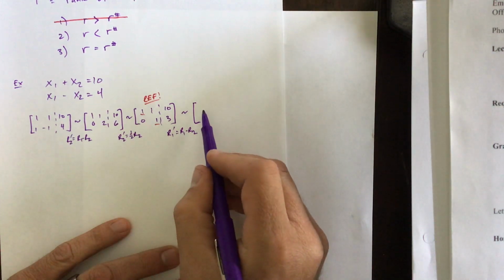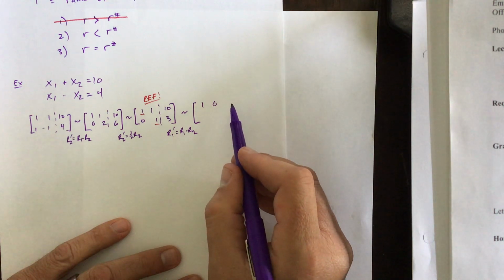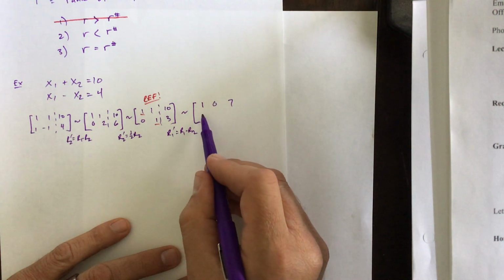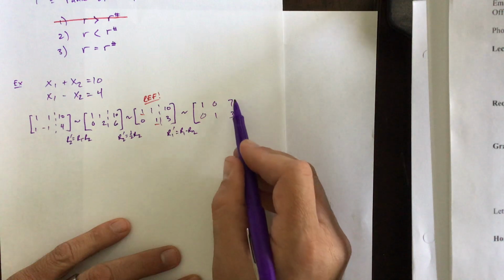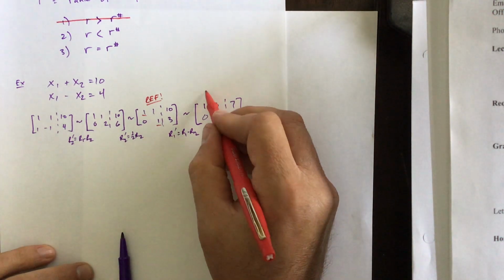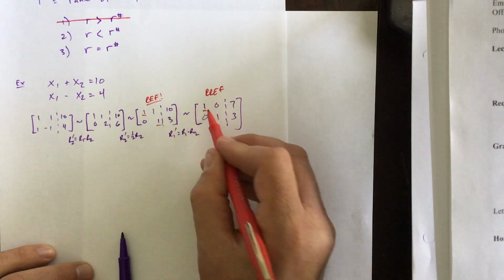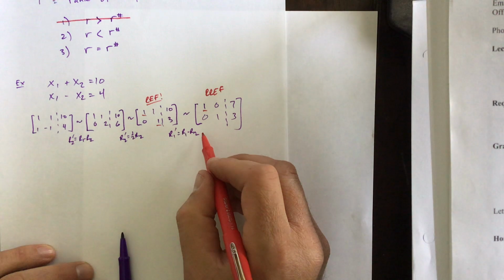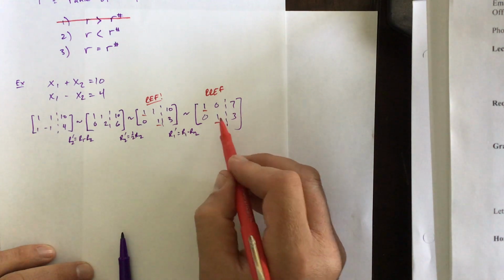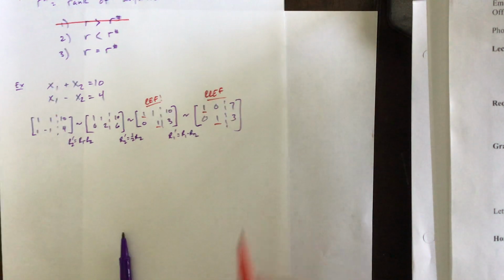So 1 minus 0 is 1, 1 minus 1 is 0, 10 minus 3 is 7, and we get 0, 1, 3, and this is reduced row echelon form. Remember, everything below a pivot has to have a 0, and everything above a pivot has to have a 0 for it to be in reduced row echelon form.